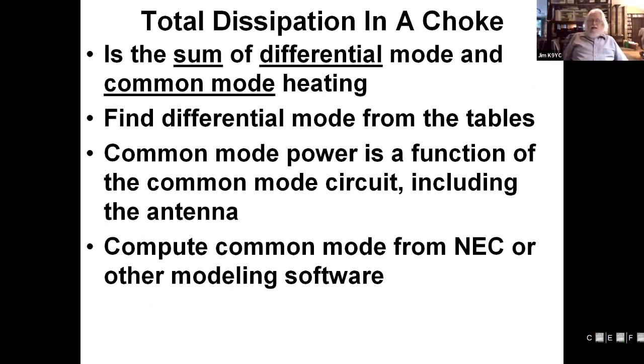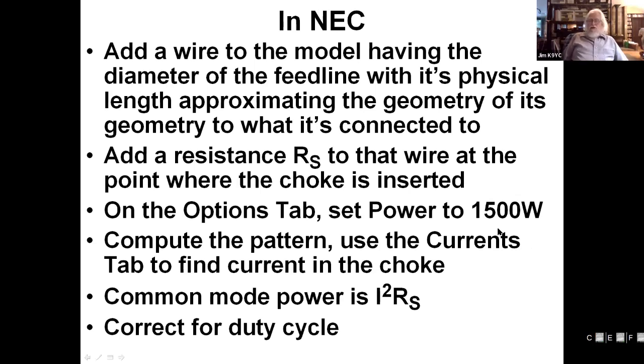And you have to compute that common mode number from NEC, that is an antenna design modeling software. So what you do is add a wire to the model having the diameter of the feed line with its physical length and layout approximating the geometry of what it's connected to. In other words, if this feed line comes straight down to the shack, then draw it that way. And if it's coax, it's going to ground at that point.